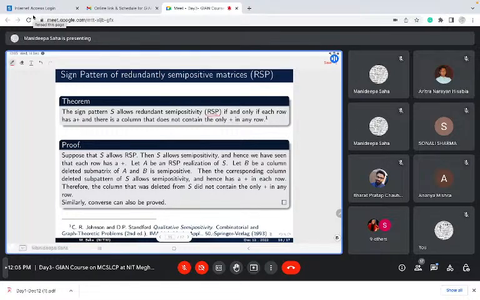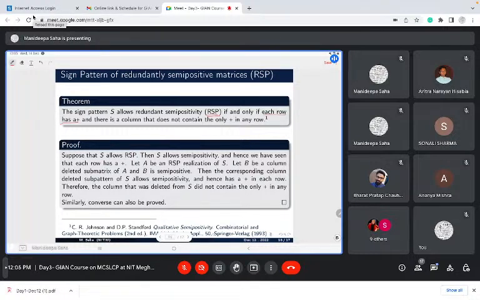Suppose that S allows redundant semi-positivity. That means E has a positive entry. Now I can choose a matrix.